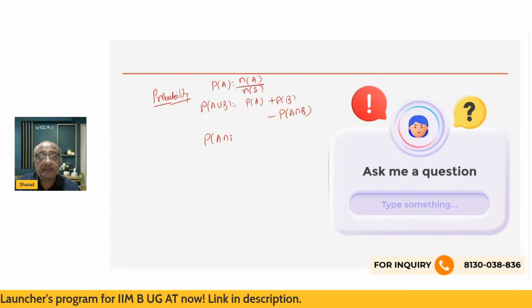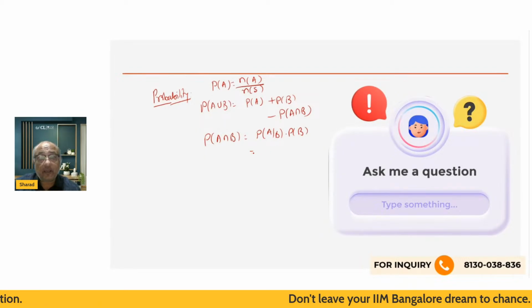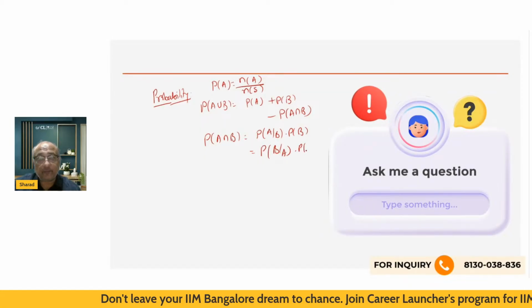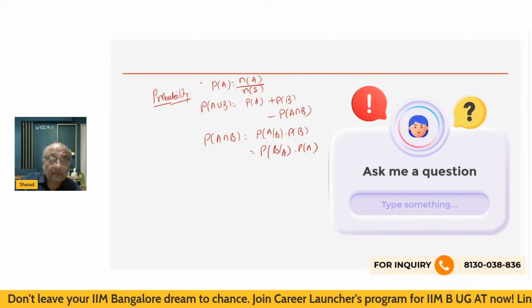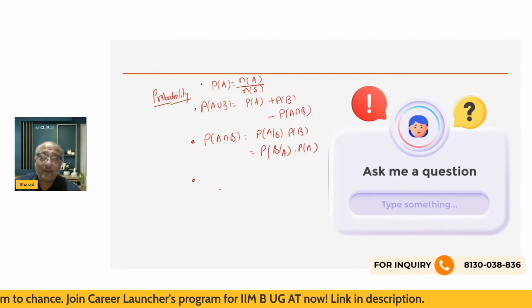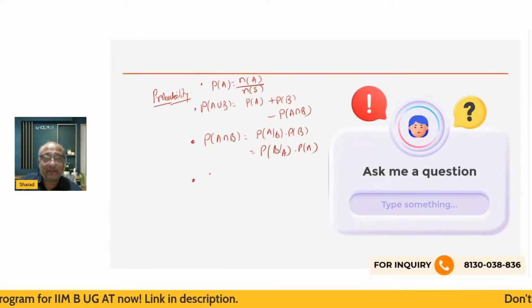Probability of A intersection B is probability of A given B, which is conditional probability, times probability of B, and it is also equal to probability of B given A. I'm sorry if I'm going fast, but I'm just rehashing. If you're watching on YouTube, you don't have to do 2x. You can watch it at 1x also, and remember all these formulas which are in front of you.